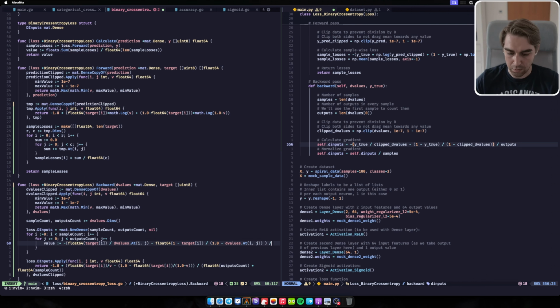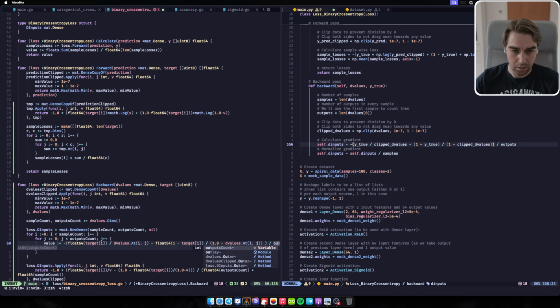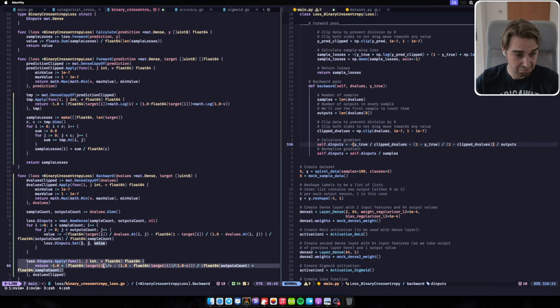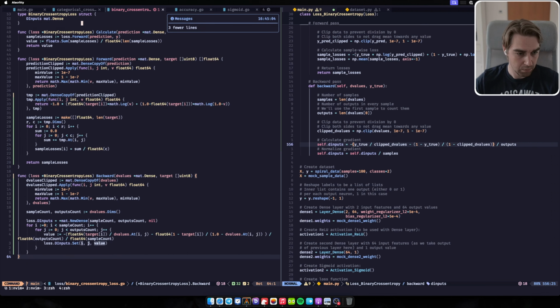Okay, and then divided by outputs count, and then divided by sample count, right? And then loss the inputs set ij value, right?